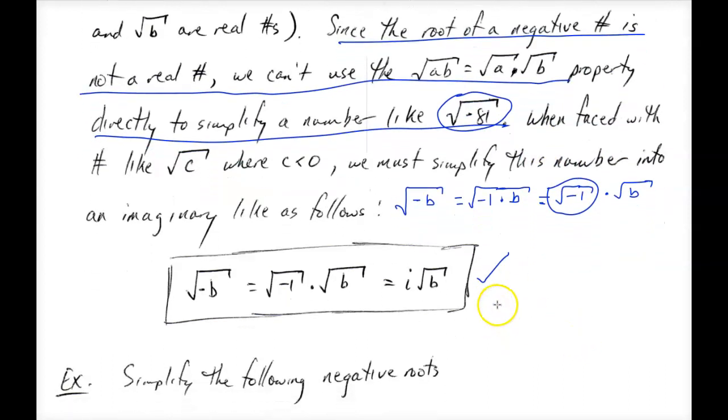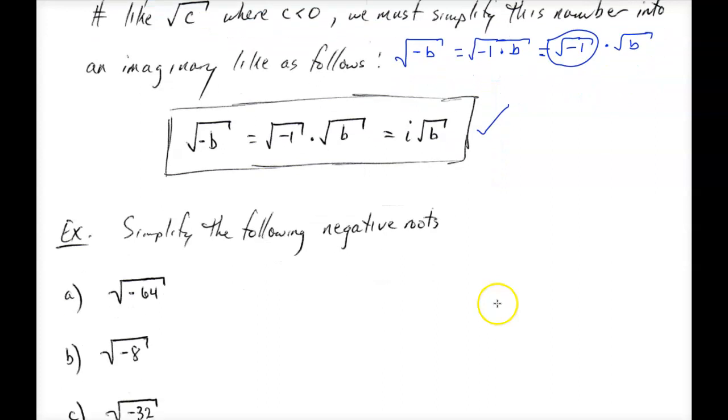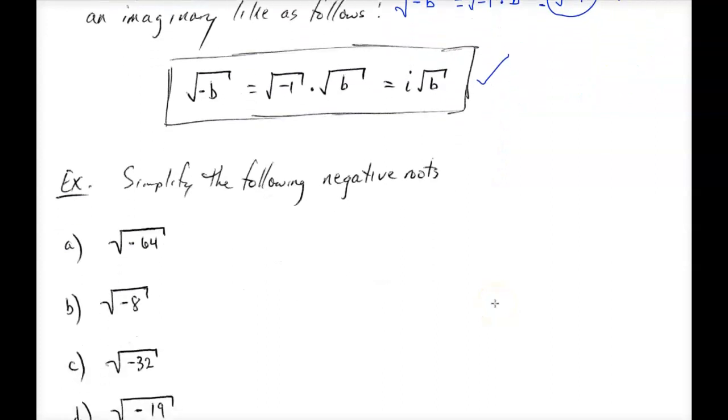So in general, what we need to do is just be able to take our expression, in this case square roots of a negative number, and rewrite them with that square root of negative 1 part being translated as i here.